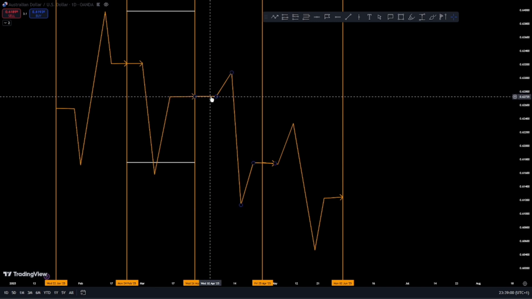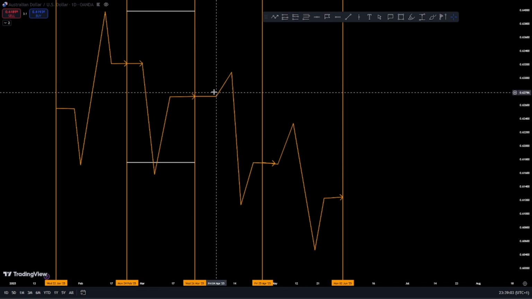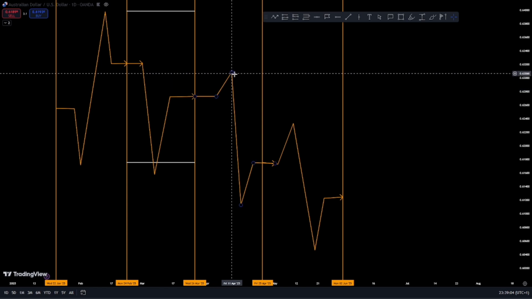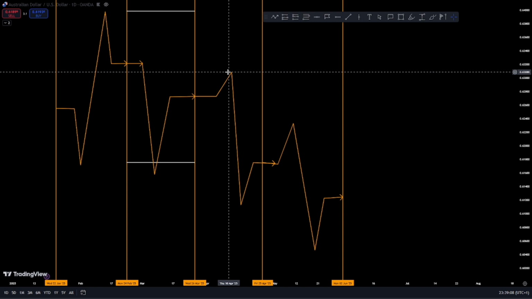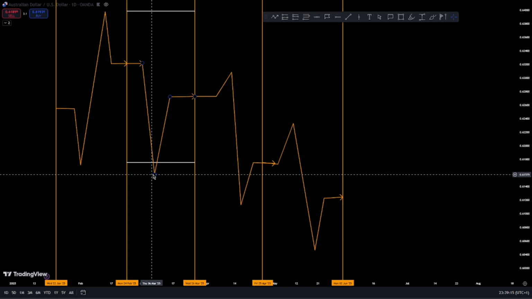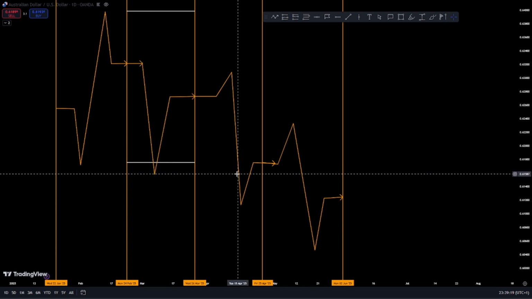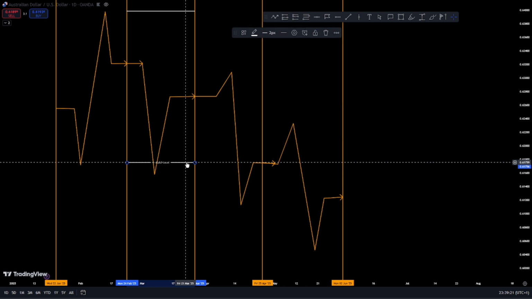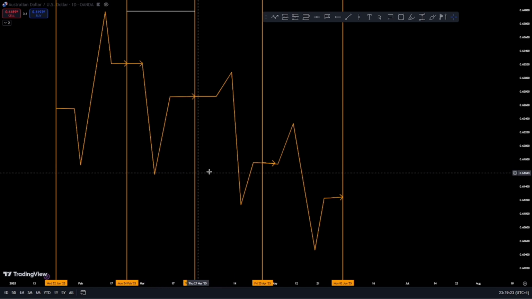And then market opened, price went up above the daily open, meaning that price is now expensive. And then what happened? It started selling. When it sold to clear this previous candle low, what happened?